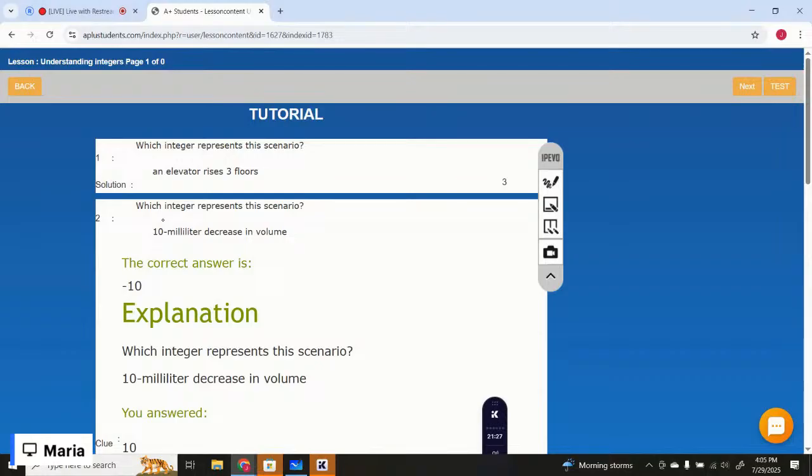So let's just start with an example. Which integer represents the scenario? An elevator rises 3 floors. That would be positive 3.